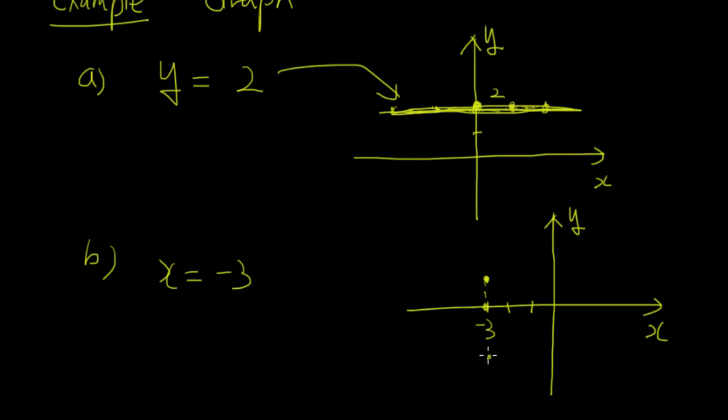The x value of this point is -3, the x value of this point is -3, and of this point too. If you just connect all that, that's the graph of x equals -3.